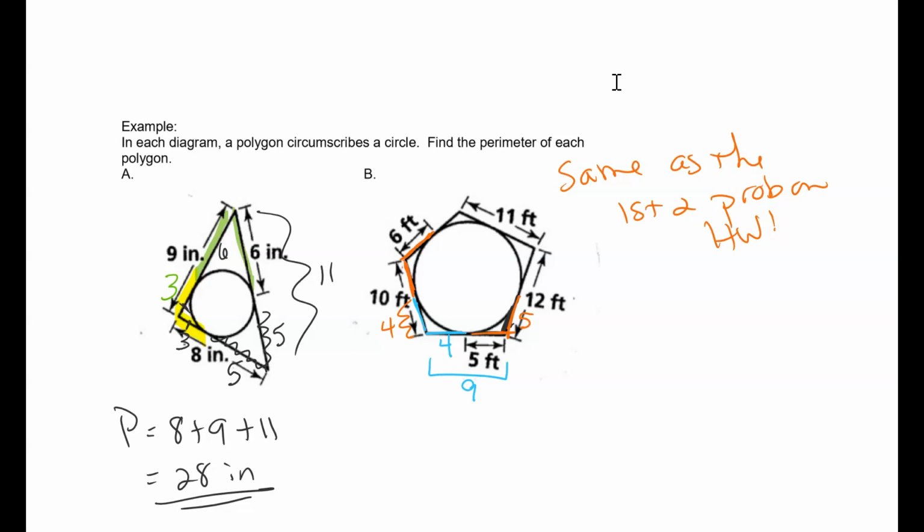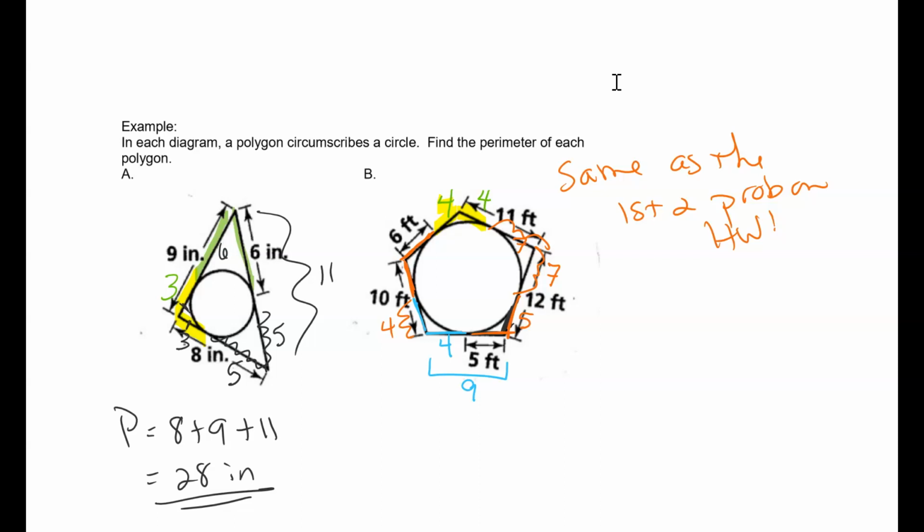If that's 5, that leaves this segment to be 7, which means this segment has length 7 because they're tangent segments from the same exterior point. Well, that makes this segment right here 4, which means this segment over here, which comes from the same exterior point, is also length 4.